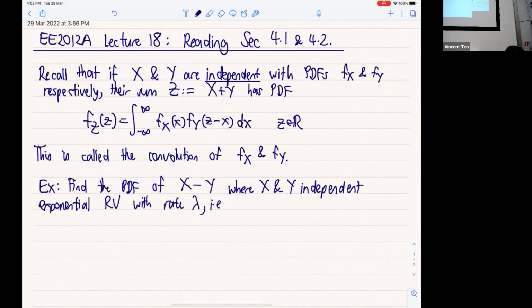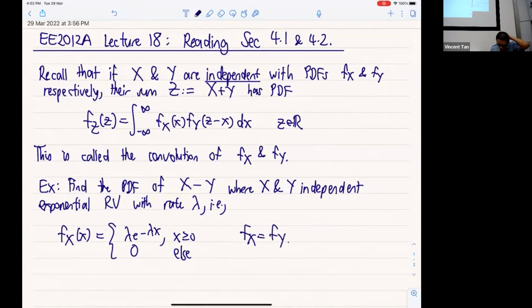That particularly means that fx of x is equal to lambda e to the minus lambda x for x bigger than 0 and 0 otherwise, and same for y. So fx has the same distribution as fy. It's important that they are independent, otherwise we cannot use the formula.